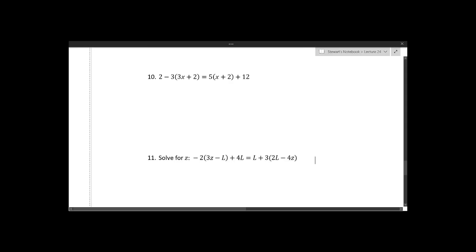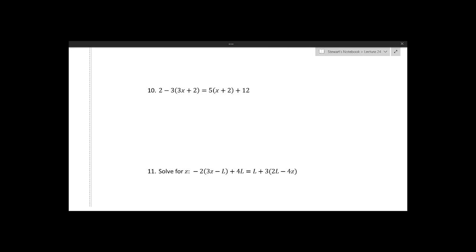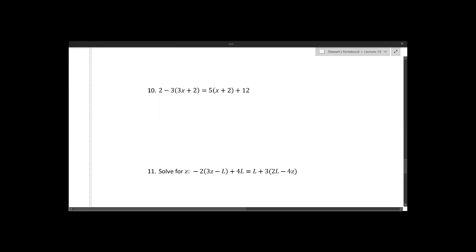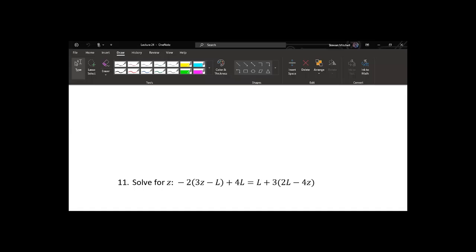All right, home stretch. We have 2 problems left. Okay. So we have 2 minus 3 times the quantity 3x plus 2 equals 5 times the quantity x plus 2 plus 12. All right, in this case, it would make more sense if we distributed first, just because we have the variables on both sides.